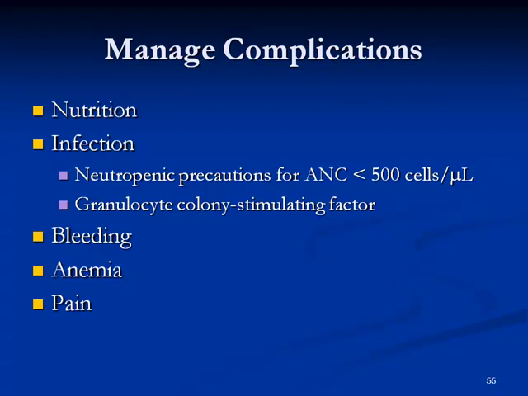People who are sick can't visit the patient. Having the patient wear masks when they go outside of the room. So those kinds of precautions. And then bleeding and anemia we mentioned, and then pain, the other big complication that we're concerned about. The biggest cause of death in these patients is infection because of their immunosuppression.